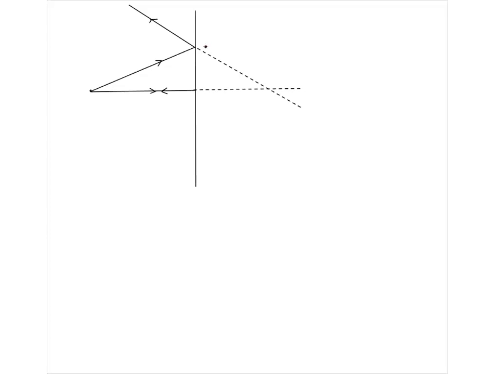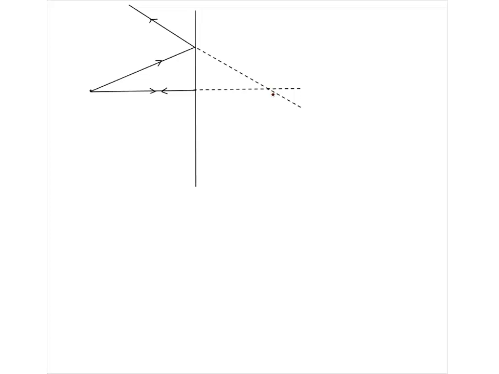Now they appear to be meeting here. If your eyes are here, your eyes would see that these rays are coming from here. So your brain will form an image of this thing here.